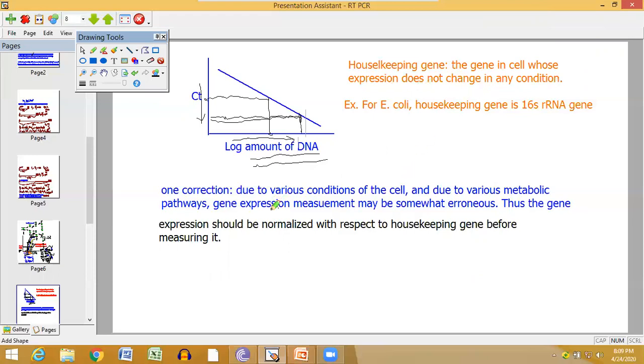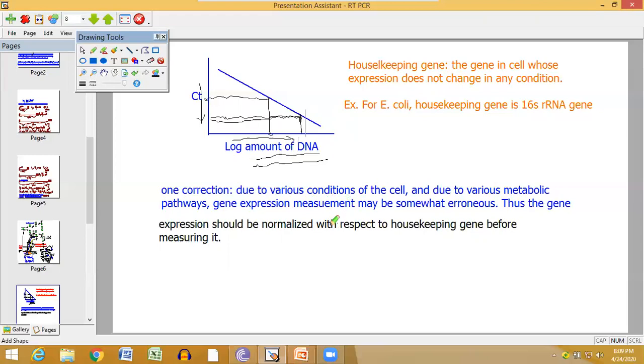Why is it required? Because when you do real-time PCR, you want to measure the gene expression profile of different cells, but due to various conditions of the cell, or various metabolic pathways, the gene expression measurement is not always proper. Sometimes it's erroneous. Sometimes we cannot take the accurate value of the gene expression. So to correct this, we have to adjust the gene expression with the housekeeping gene.